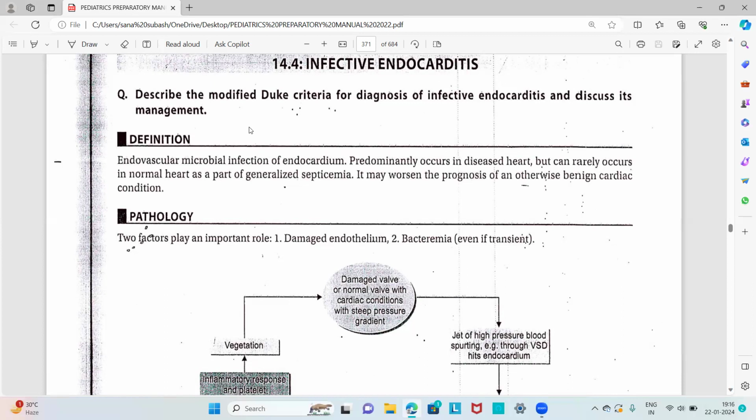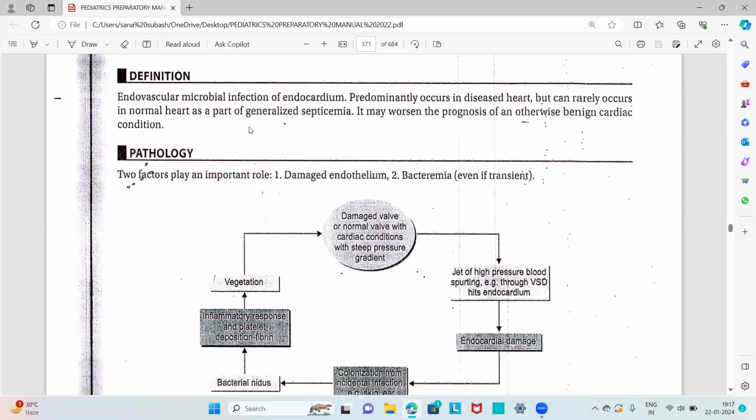It predominantly occurs in a diseased heart, but can rarely occur in a normal heart as a part of generalized septicemia. And this infective endocarditis may worsen the prognosis of an otherwise benign cardiac condition. So that is the definition of infective endocarditis.